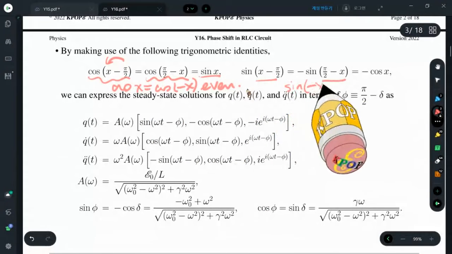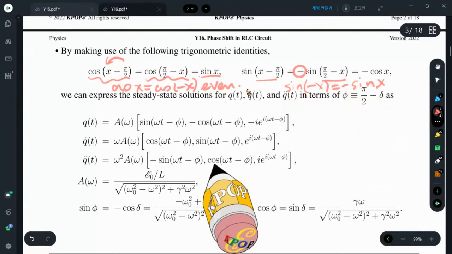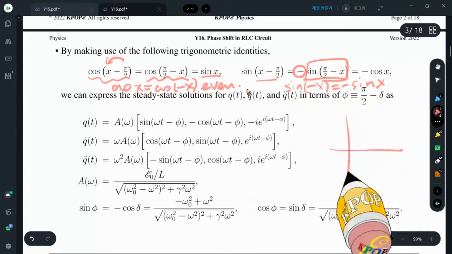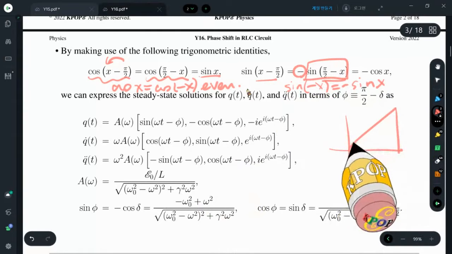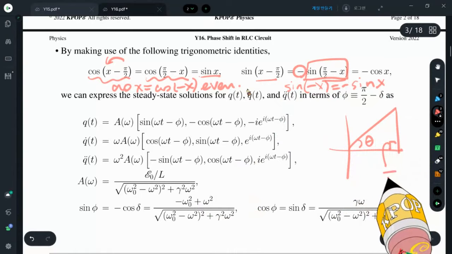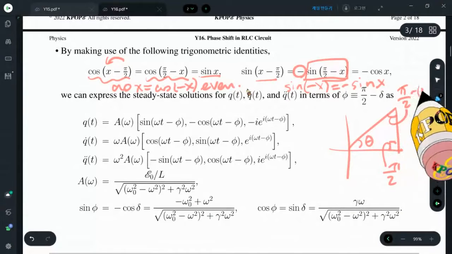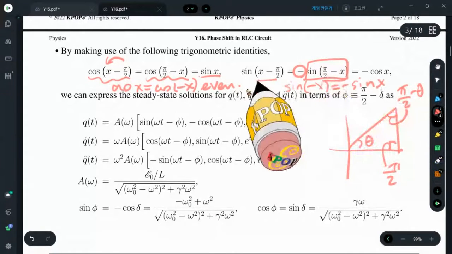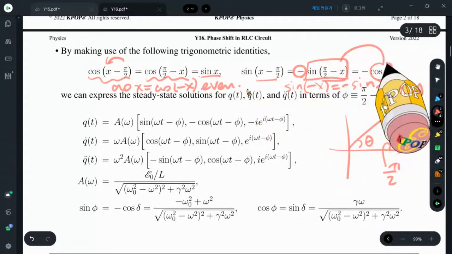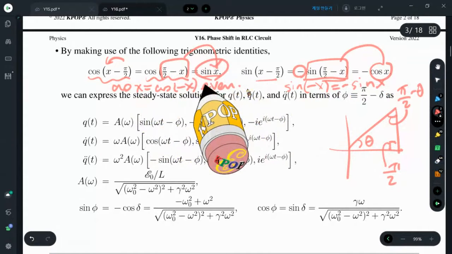Sine of minus x is minus sine x. Therefore, we have a negative sign. And this is, in the triangle, theta and half of pi. And this one must be half of pi minus theta. That's the reason why sine of half of pi minus x is cosine, and cosine of half of pi minus x is sine.